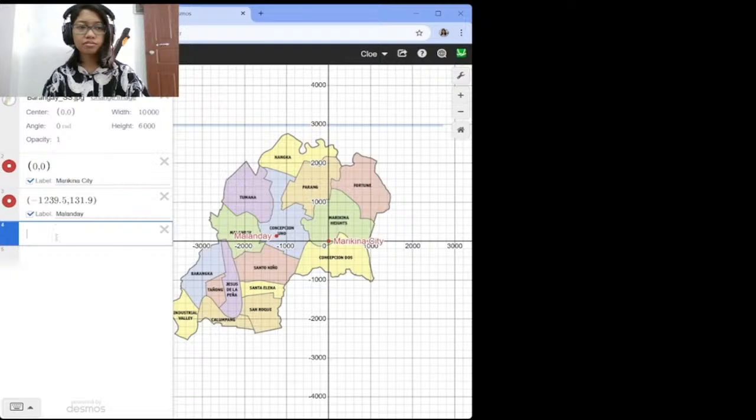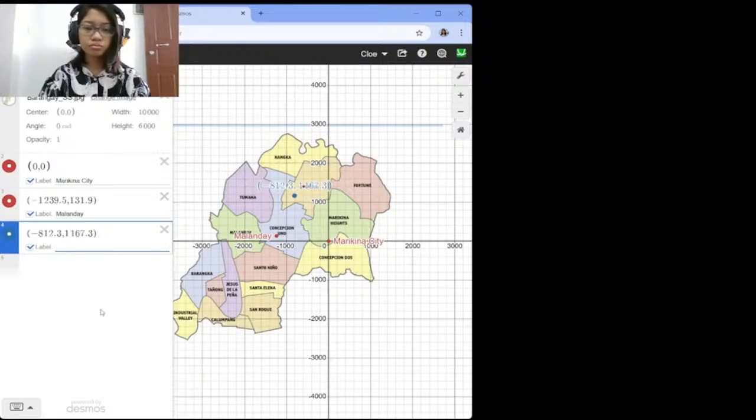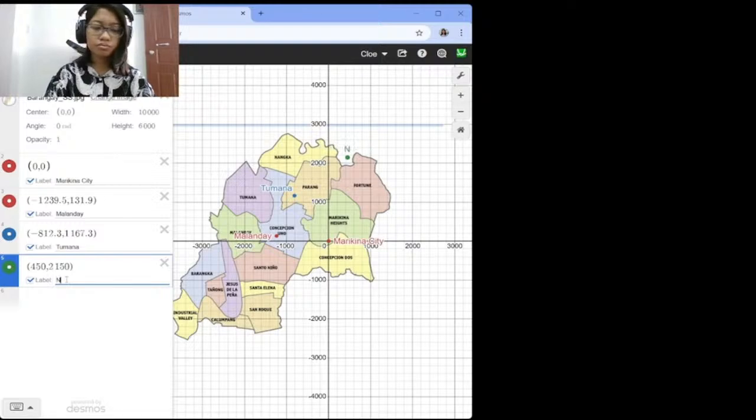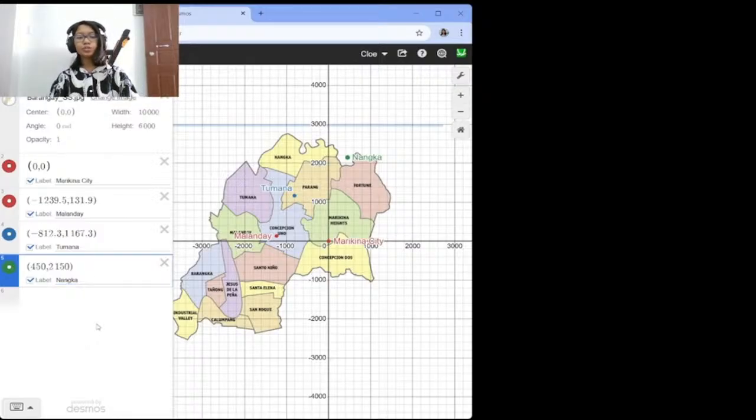And then Tumana. And then Nangka. Let's now drag the map to position and align with the coordinates.